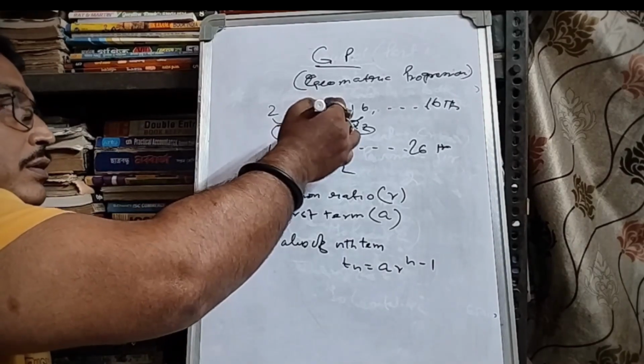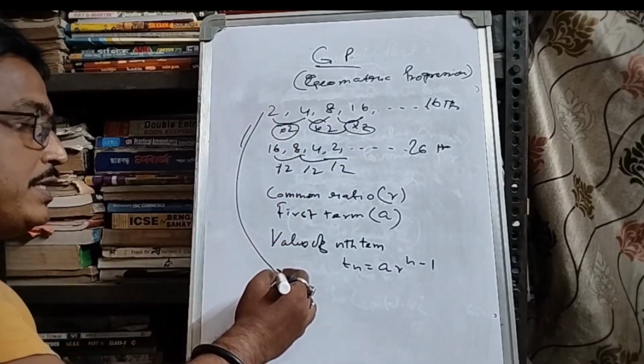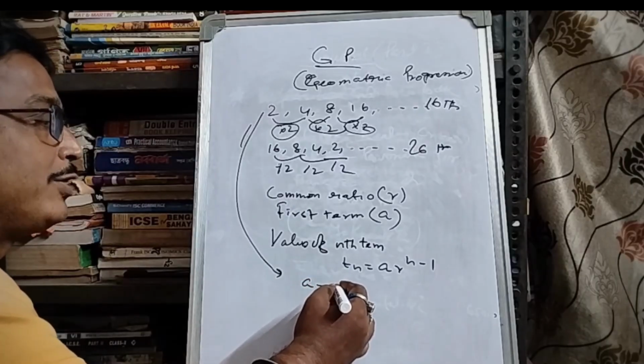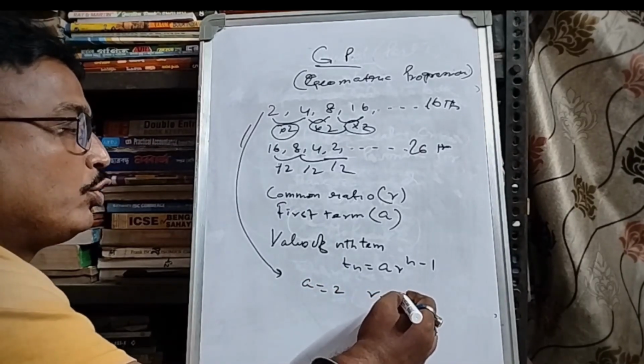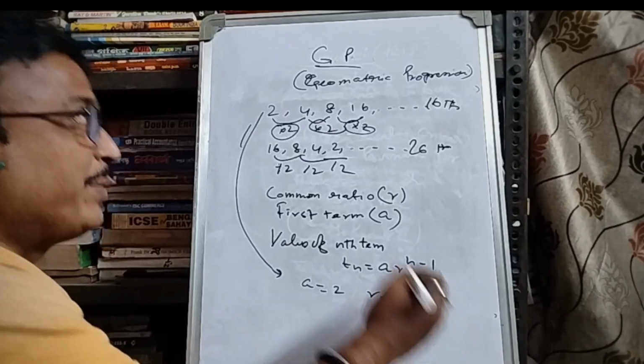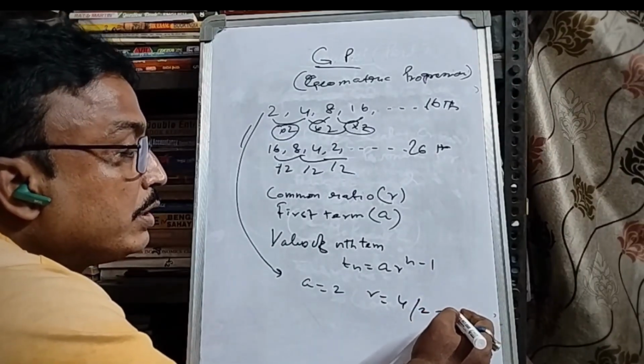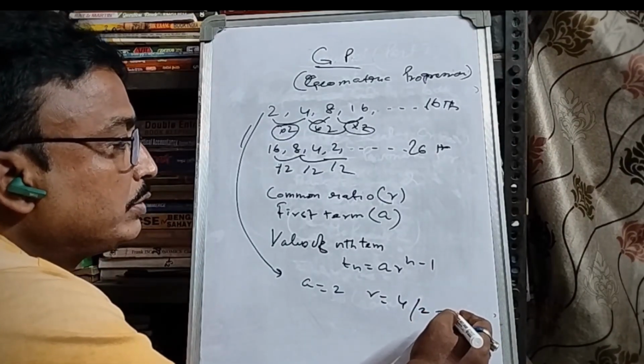Just like from this series, the first term is 2, and r is equal to the second term divided by the first term, any term divided by its preceding term, which is 2.